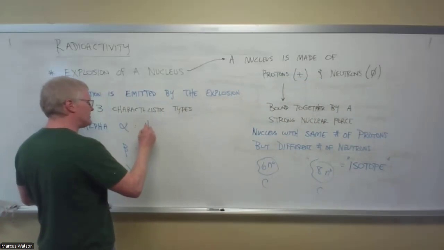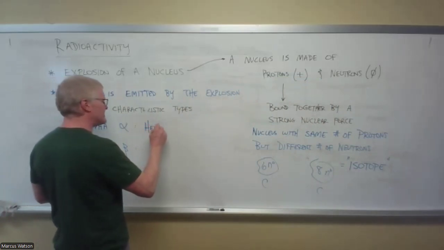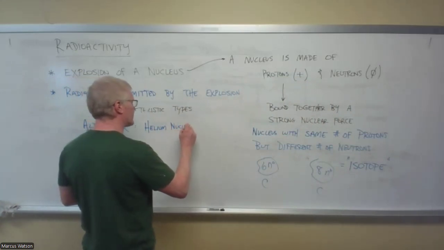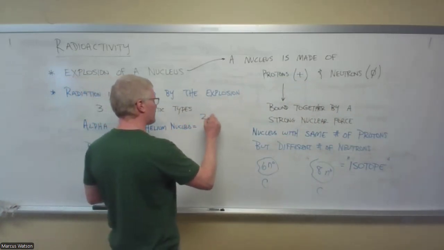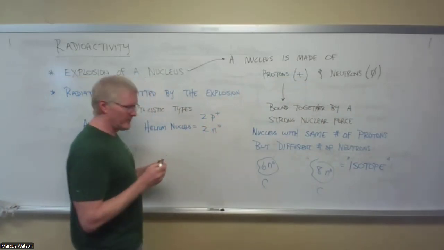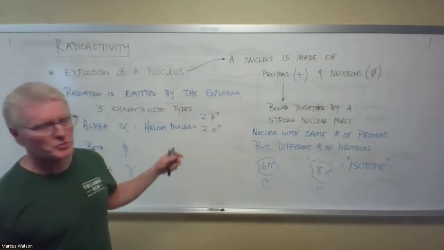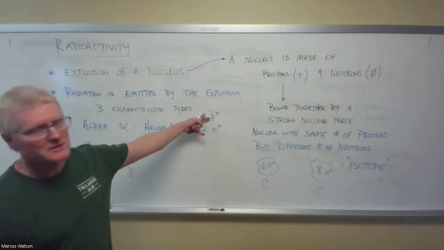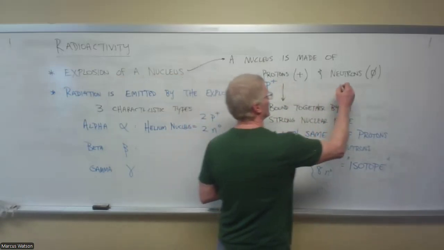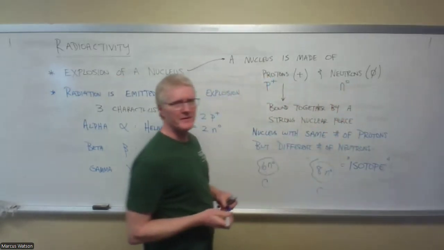All right, here we go. Alpha here is a helium nucleus, and that means it contains 2 protons and 2 neutrons. I'm going to abbreviate the proton and neutrons by using P plus for protons and N0 for neutrons, and I think you can see why.